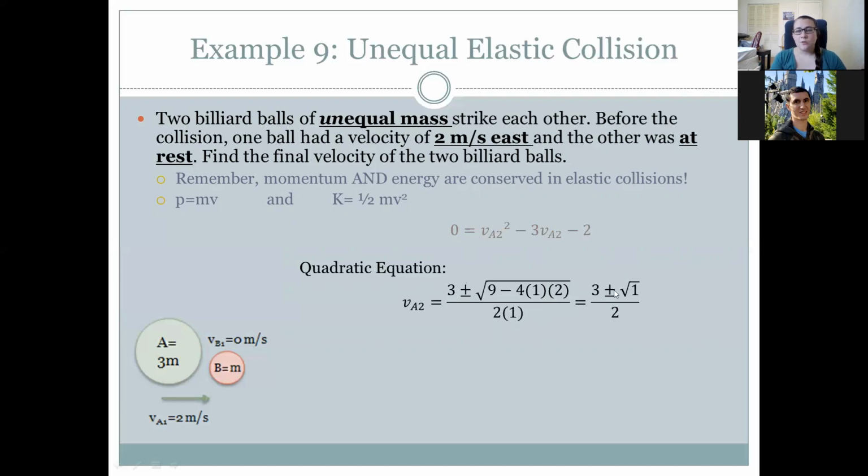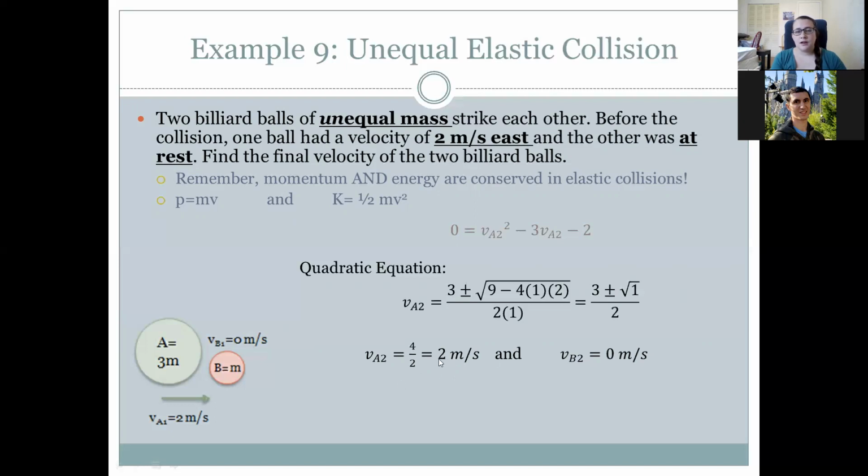Okay, so when we simplify and do that math, we get 3 plus or minus the square root of 1, which gives us 2 different answers, right? Because we have the plus or the minus. So we could end up with an answer of 4 over 2. 3 plus the square root of 1 is 4 over 2.